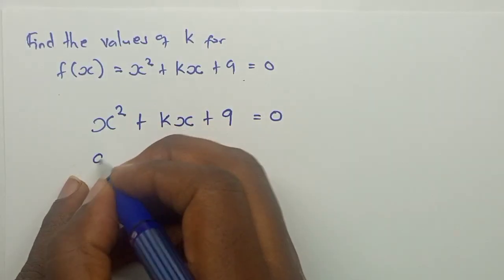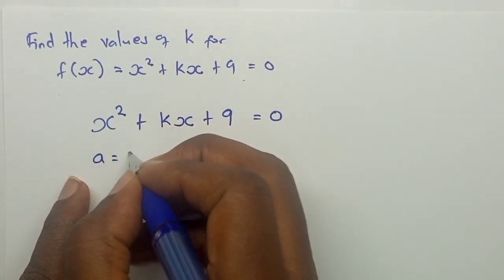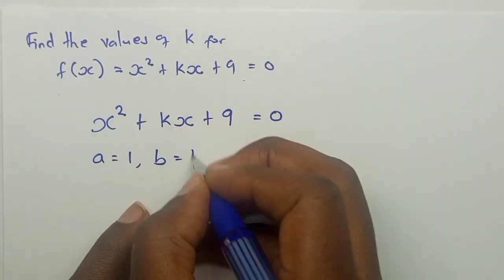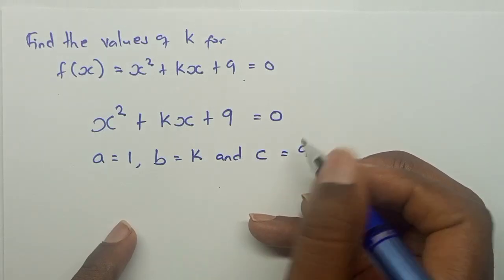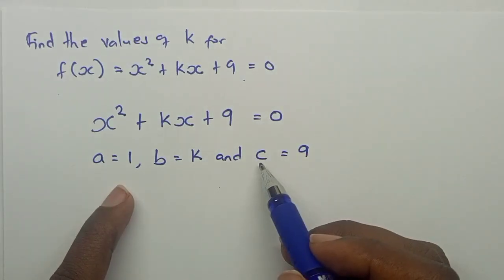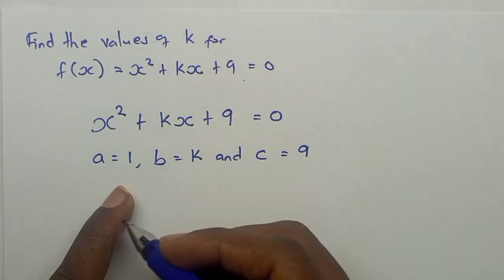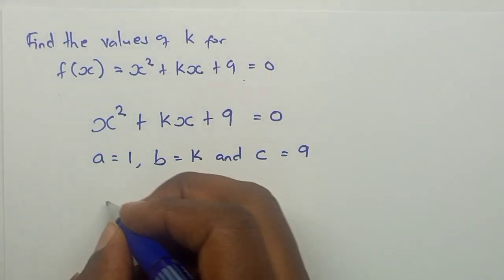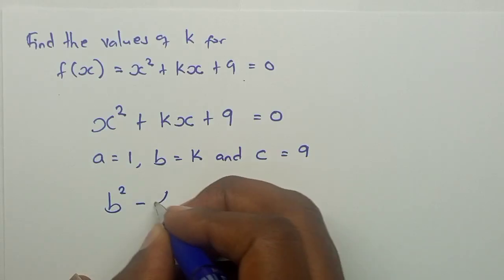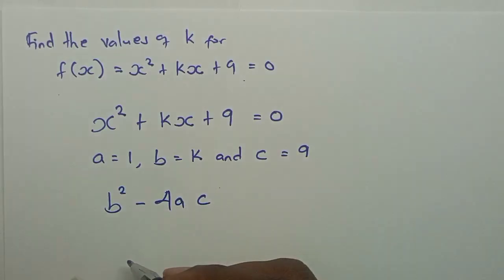Now in this case, our a value is 1, our b is k, and our c is 9. So we replace these in the discriminant, which is b squared minus 4ac.